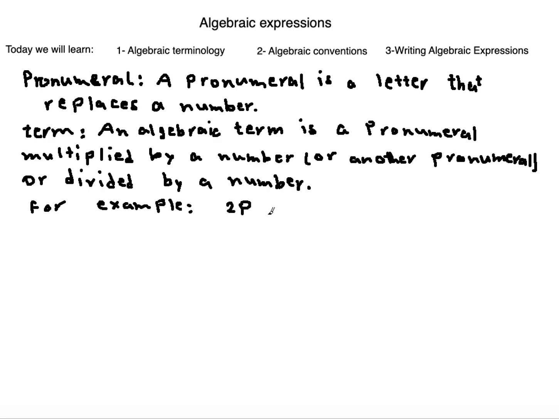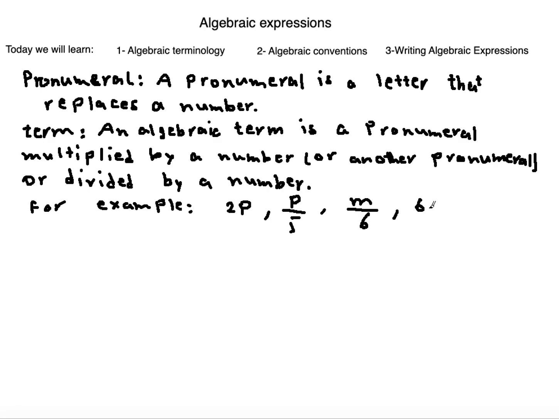So this is a term. Or p divided by 5, p over 5. These are all algebraic terms. Or m divided by 6. These are all examples of a term.